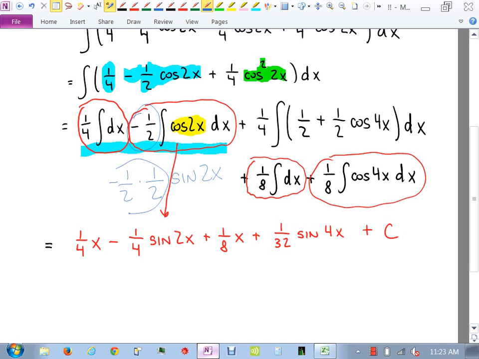And then the negative 1/2 and 1/2 multiplied to be 1/4. The same thing happened on that last integral. The last one, it was 1 over 4 sine 4x. And the 4 hit the 8 in front. That 1/8 multiplies times 1/4 sine 4x, and that gives me my 1 over 32.